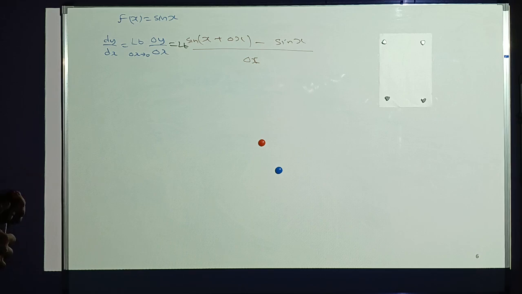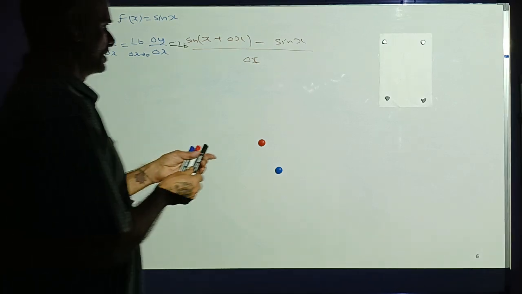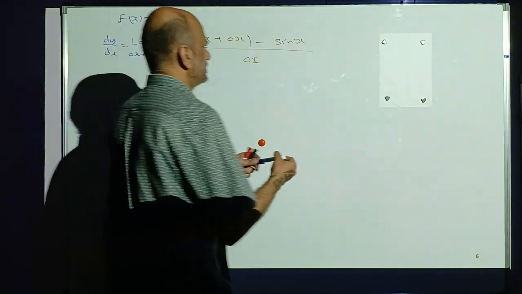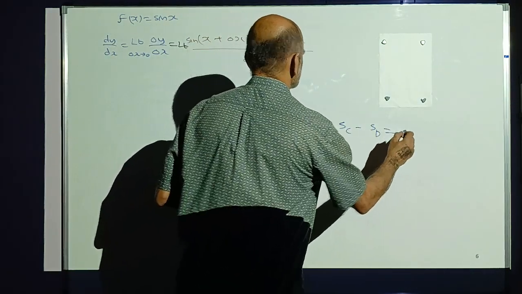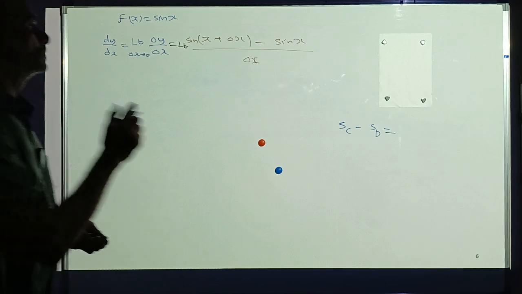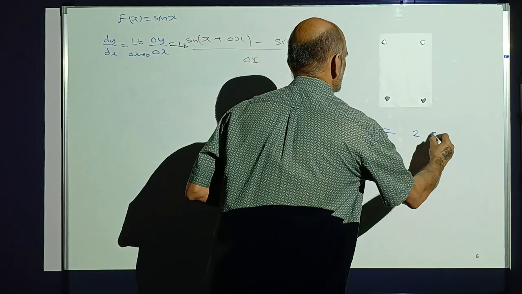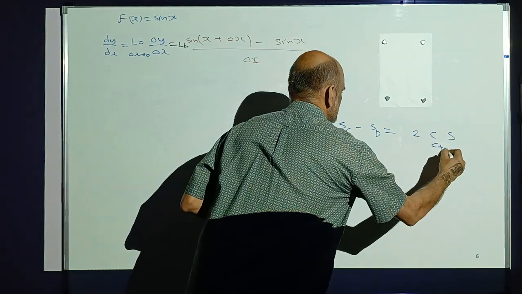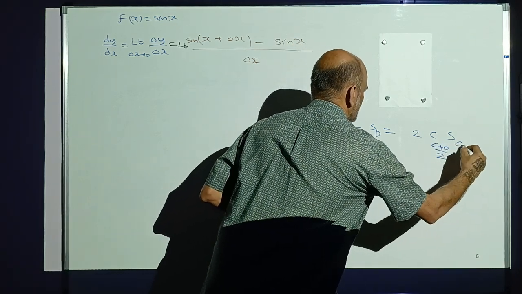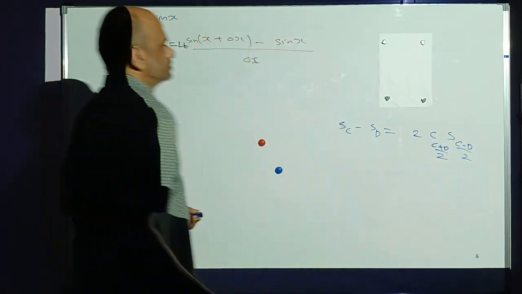For solving this, we'll use a trigonometric identity: sin c minus sin d equals 2 cos sin, where this angle is (c plus d) by 2, and this angle is (c minus d) by 2.